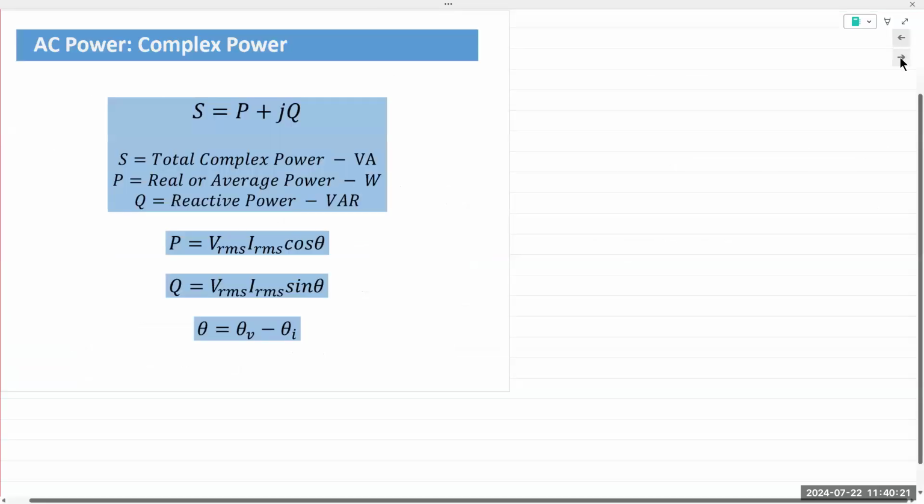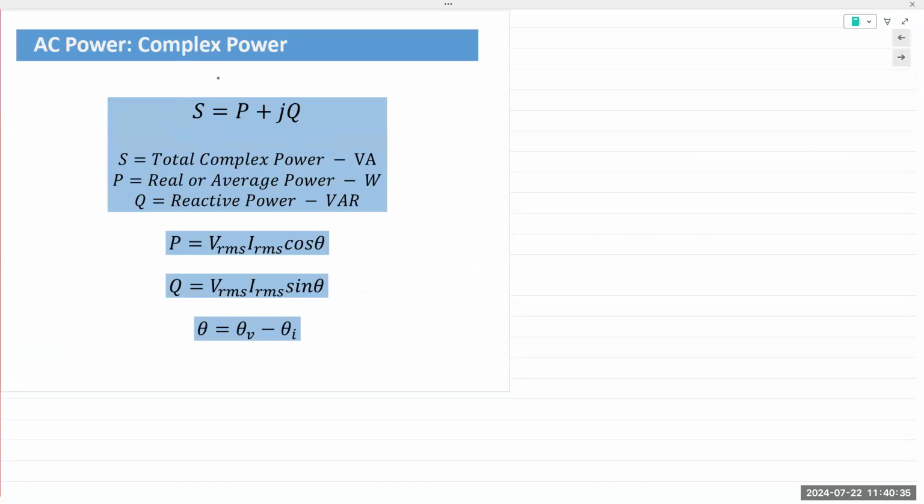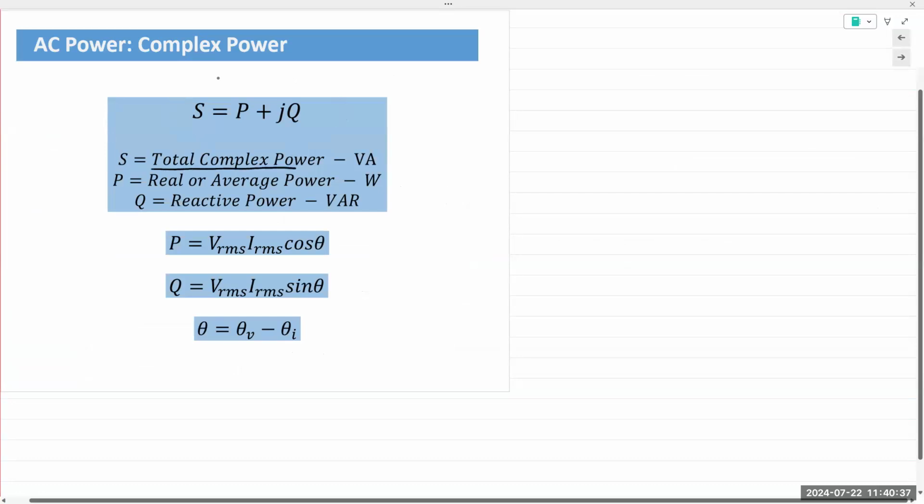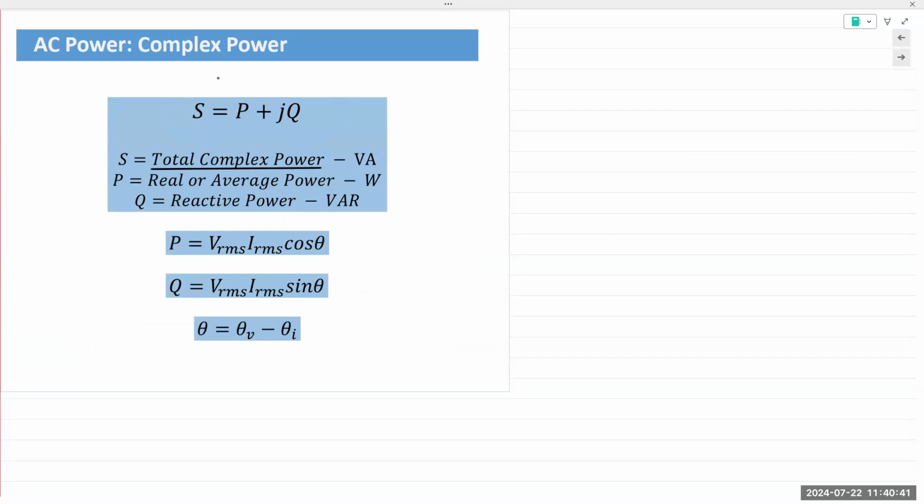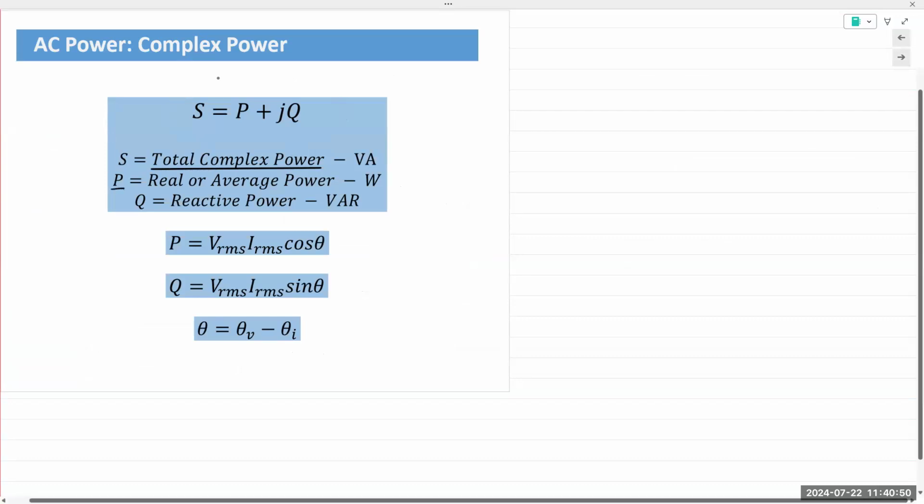So let's go into the equations. Total AC power is given by the equation S is equal to P plus jQ. Okay, total AC power is referred to as total complex power because we use complex numbers to write our equations. P still stays the same.